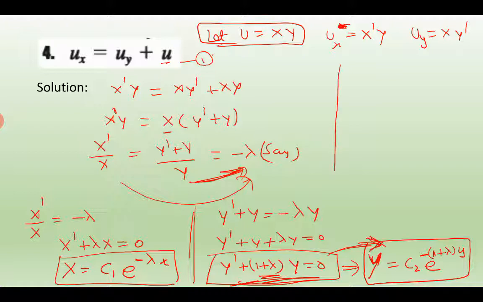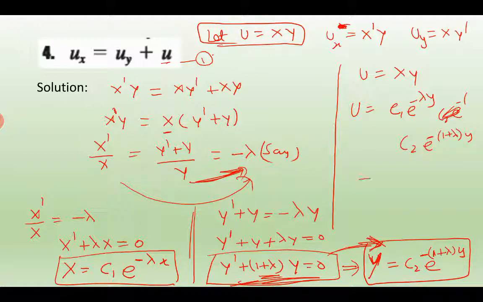Now the final solution I'm writing: u is equal to xy. So what is x? c1 into e power minus lambda x, and c2 into e raised to minus 1 plus lambda y. c1 and c2 are constants, multiply them together and you get another constant c.